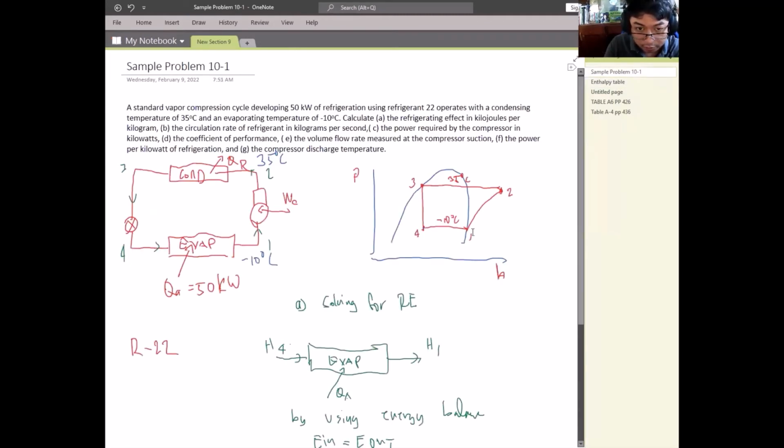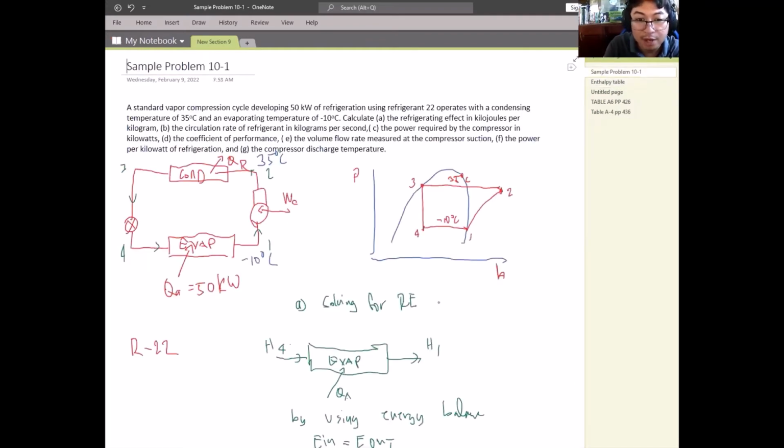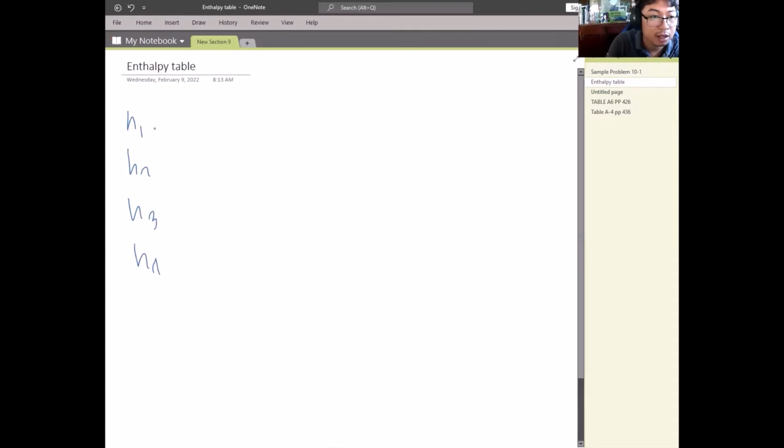The easiest enthalpy will be H1. H1 can be found at the saturated vapor of R22 at negative 10 degrees Celsius. So H1 is Hg, saturated vapor, at negative 10 degrees Celsius.